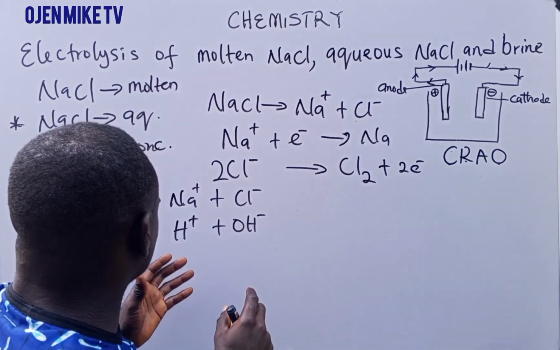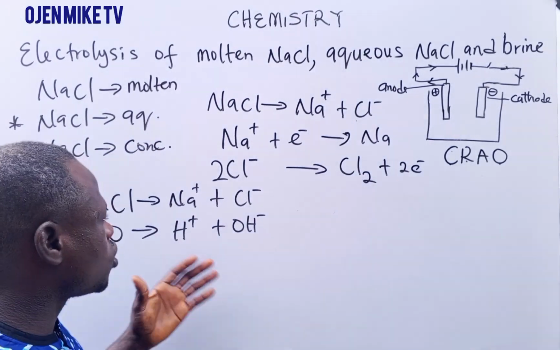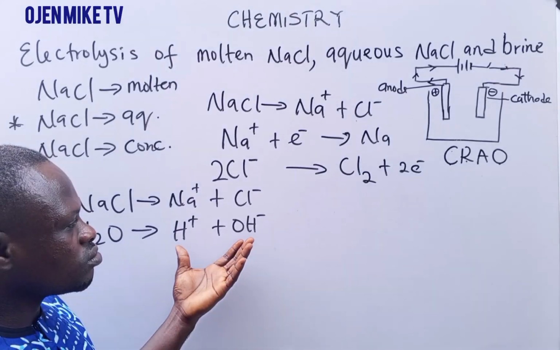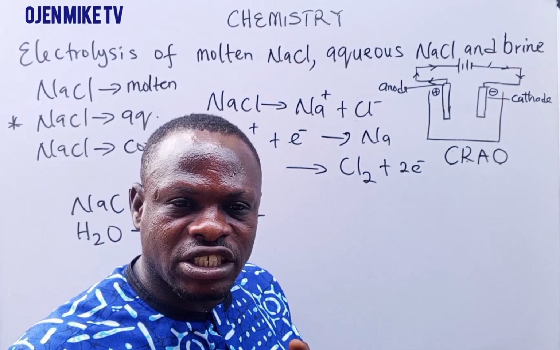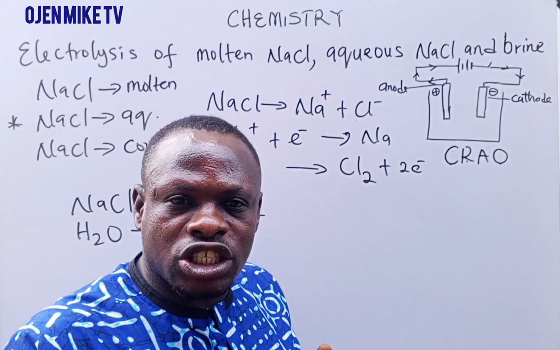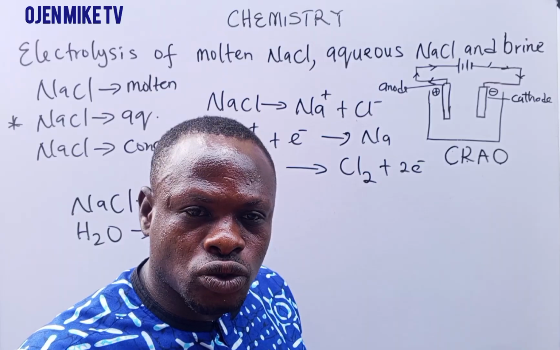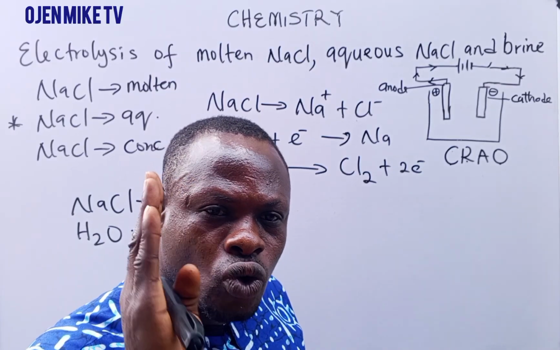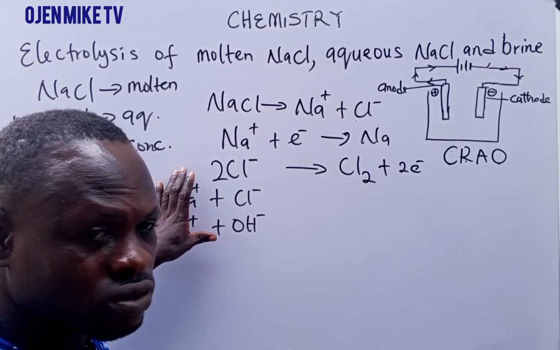If the electrolysis is in aqueous solution, there are three things to consider. One, the preferential discharge of the ion. Two, the concentration of the electrolyte. Three, the nature of the electrode.